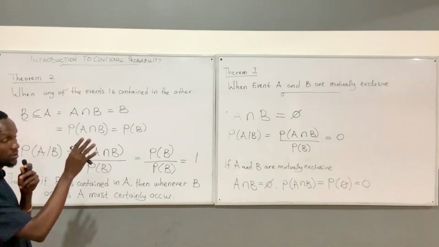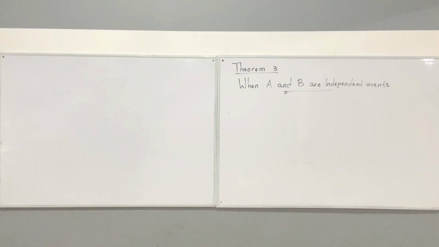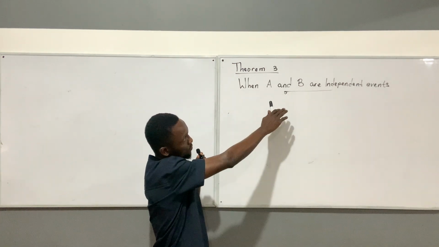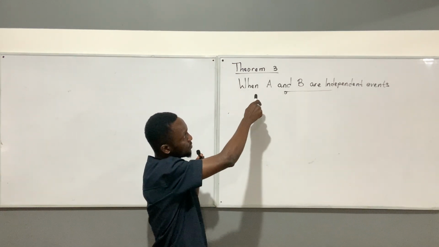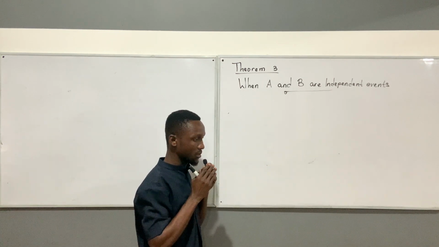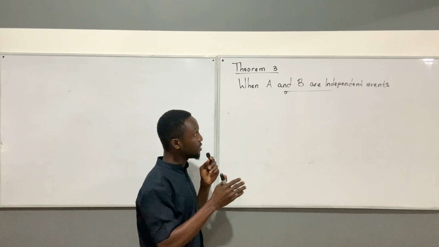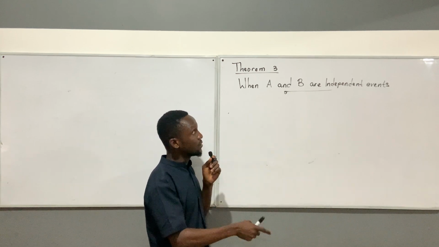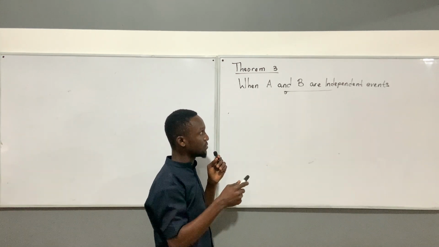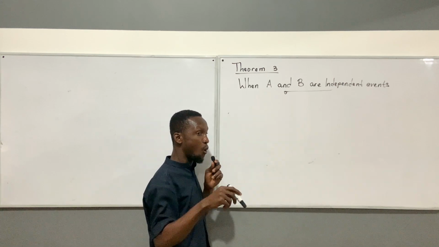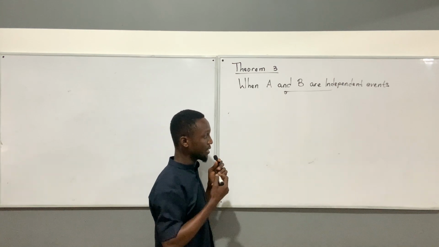Let's move on to the next theorem. Now, in our theorem 3, we will talk about independent events. When A and B are independent, what does it mean? We are saying that when the two events are independent, it simply means that the occurrence of the first event has no influence on the occurrence or the non-occurrence of the second event.